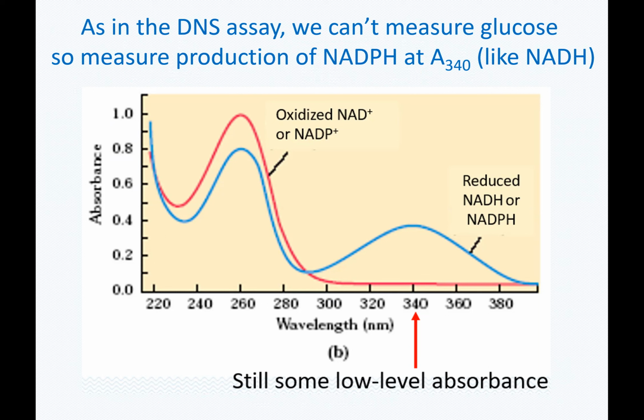However, if you move up to 340 nanometers, there is some background levels of NAD or NADP, but most of the absorbance that occurs at 340 nanometers is due to our NADH or NADPH, which is 1-to-1 stoichiometrically with our glucose and our fructose, so we can measure it indirectly using this.